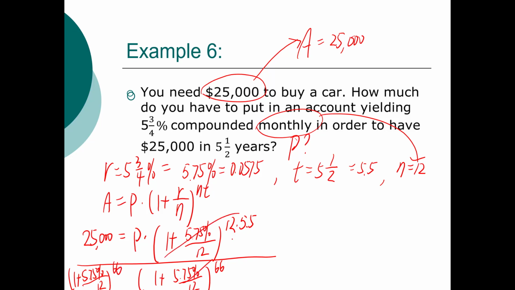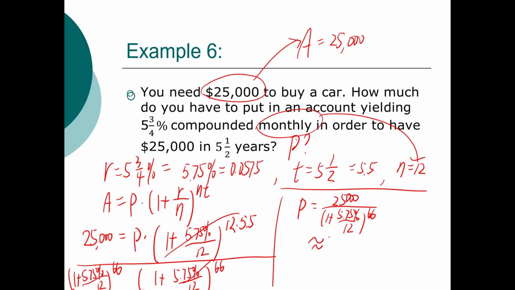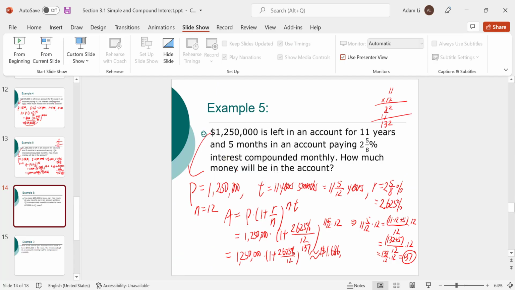Cancel that, and the principal is by itself, P is by itself, so you get 25,000 over 1 plus 0.75% over 12, raised to the 66 power. And let's see what this is.